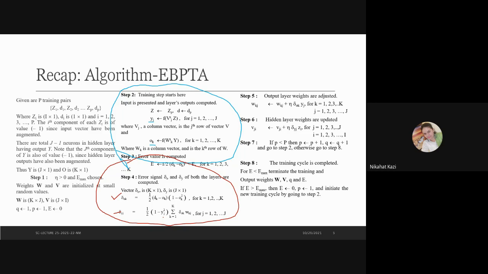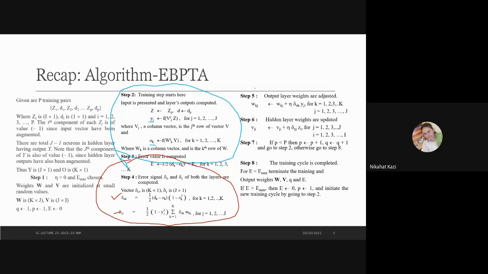So the derivative of the output is half times 1 minus Y square, because the activation function used for computing Y is nothing but bipolar continuous, multiplied by summation delta times W.